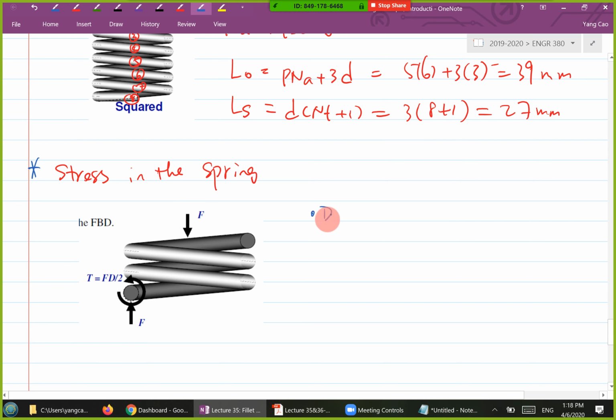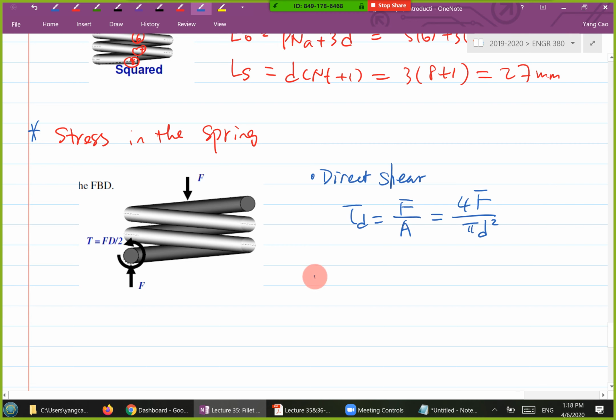One is called the direct shear, let's call it tau D. That's basically the force F over the cross-section area. The cross-section area is pi times d over 2 squared, and that's where the 4 comes from.